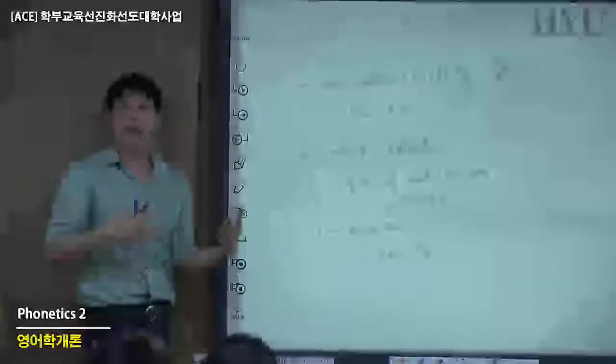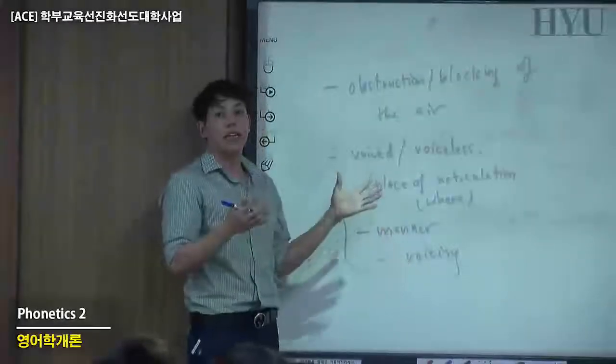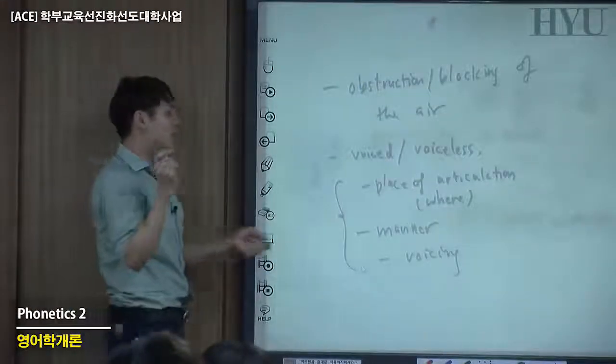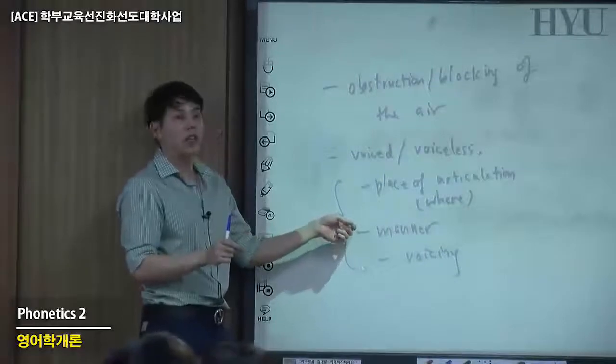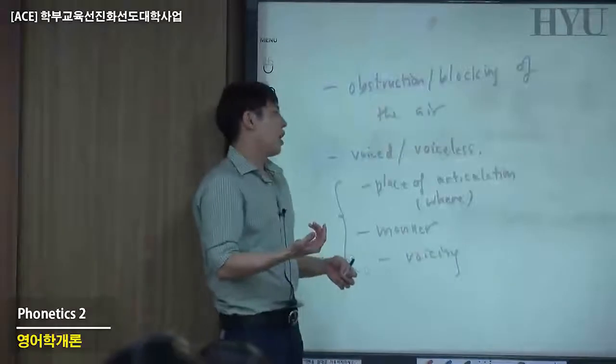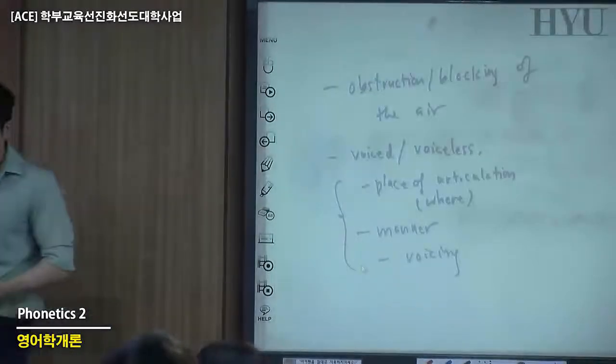Manner is how the sound is made. Is the air stopped completely, as in the case of stop? Or is the air blocked partially, like fricative? Or is the air coming out through the nose, nasal sound, like that, okay?